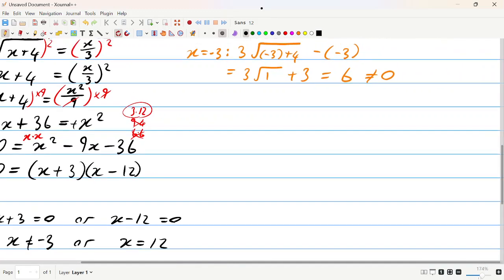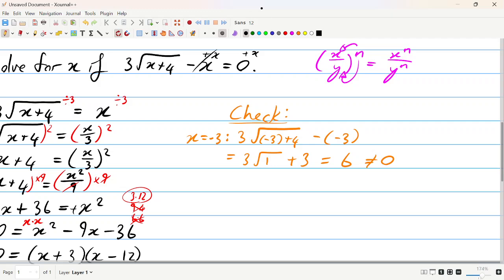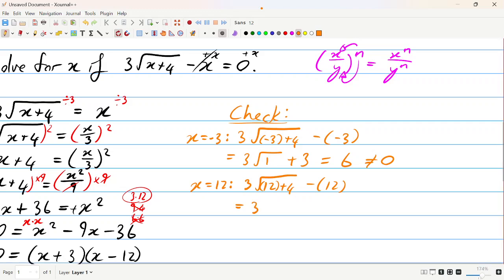Let's check 12. Is 12 going to give us a proper answer? We'll find out. Let's say x equals 12. 3 multiplied by the square root of 12 plus 4, minus 12. From here, 12 plus 4 is equal to 16, and 3 multiplied by the square root of 16 minus 12.